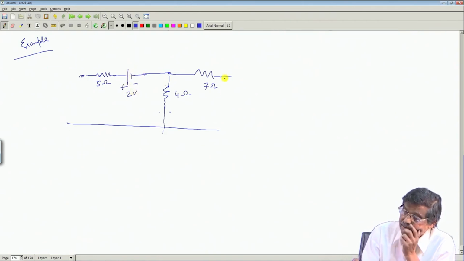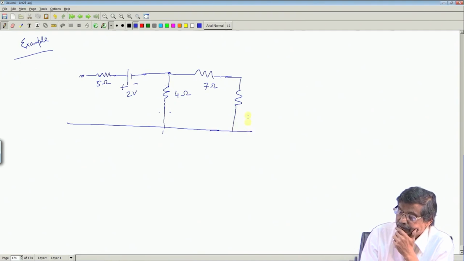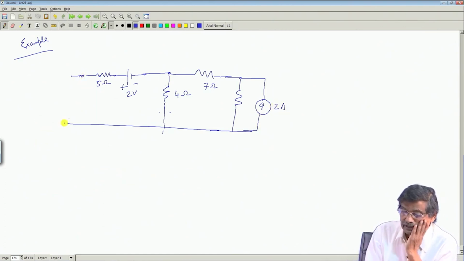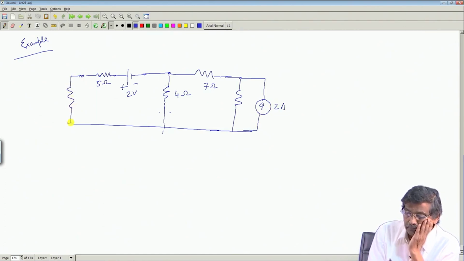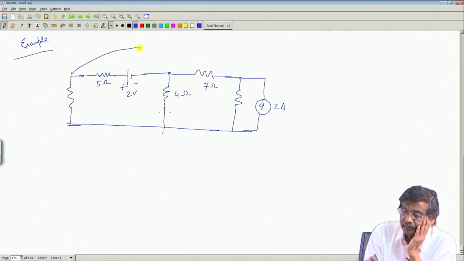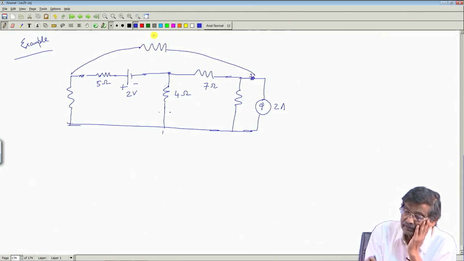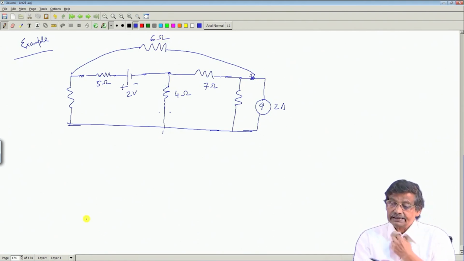Here there is no source, and here is 1 where there is no source, and there is a current source there, say 2 ampere. And this branch is having only impedance, I am drawing arbitrarily, and here is one resistance only, say 6 ohm.